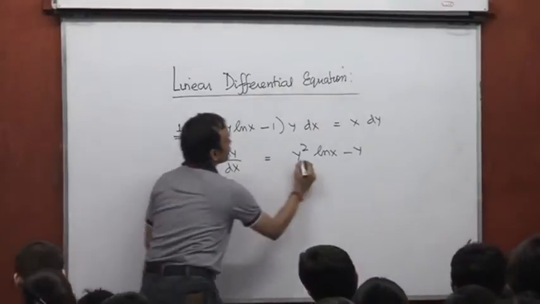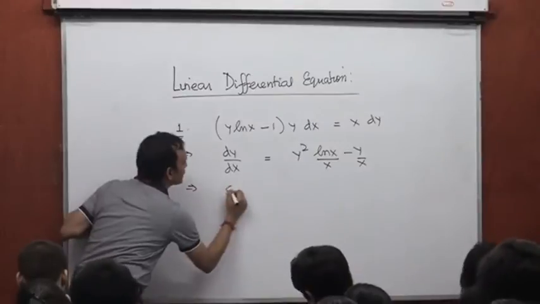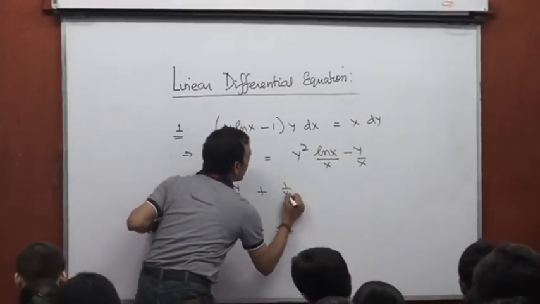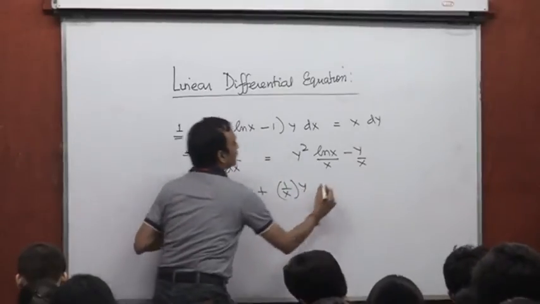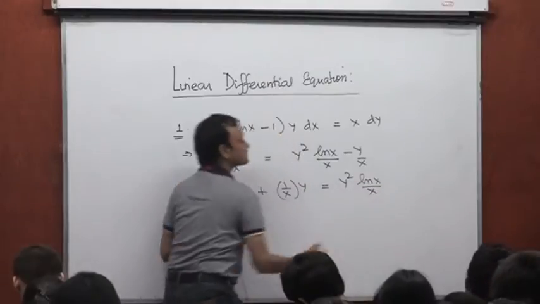Or you may want to divide by x both sides, and you get dy/dx plus 1 by x into y equals y squared ln x by x.